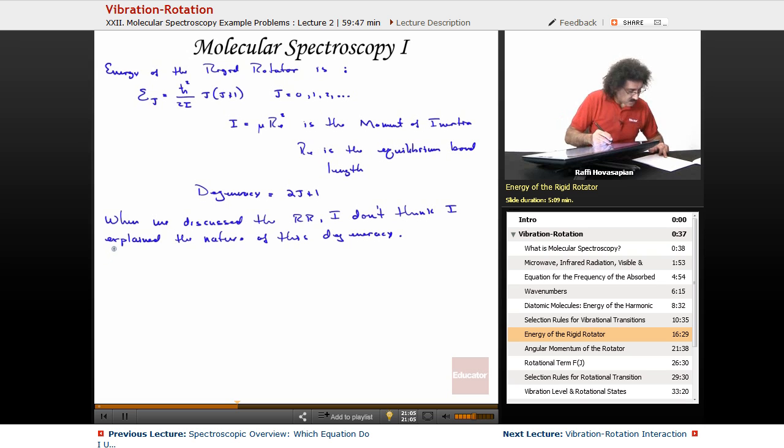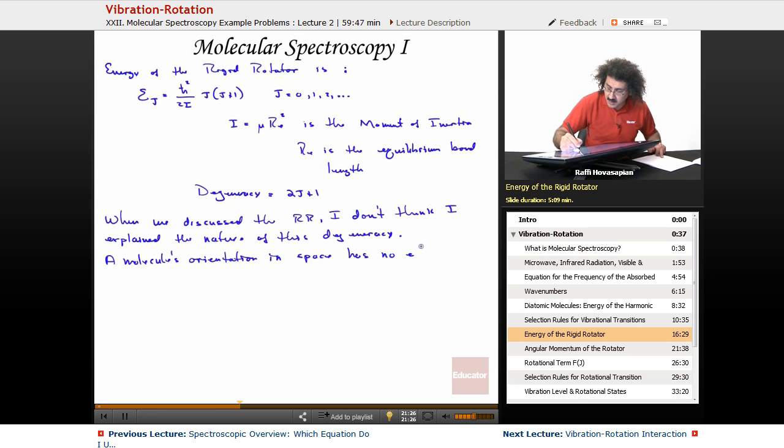Now, let's write it all out, and give you a little bit of the quantitative aspect of it. Very little. Okay, a molecule's orientation in space has no effect on its rotational energy.